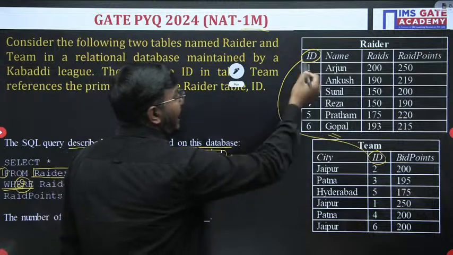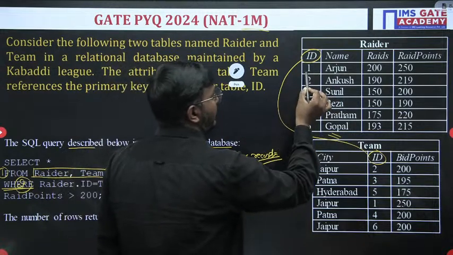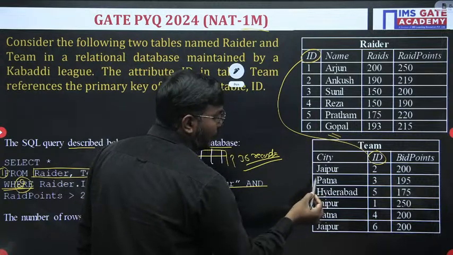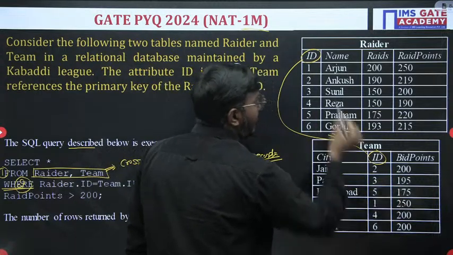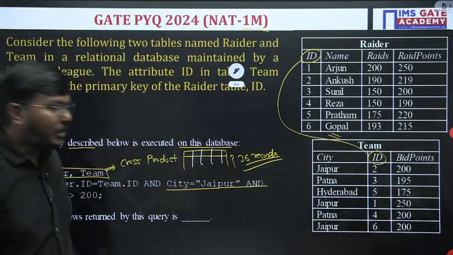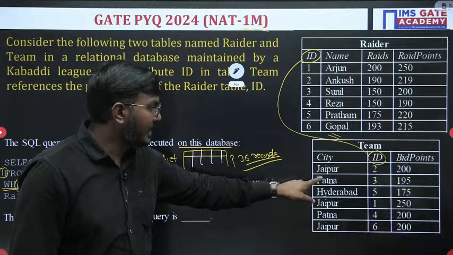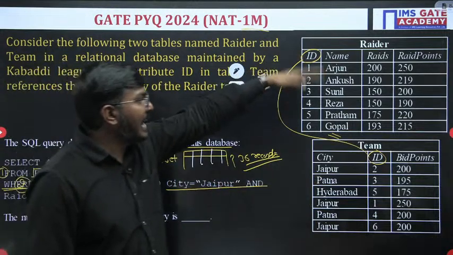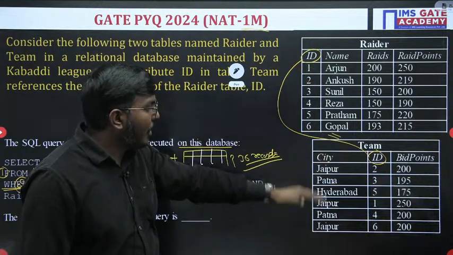Why? Let's assume I pair the first record, 1 Arjun 200 250, with the second record, Patna 3 195. This pairing from the FROM clause result will be rejected, because the city is Patna. So just keep city equal to Jaipur.